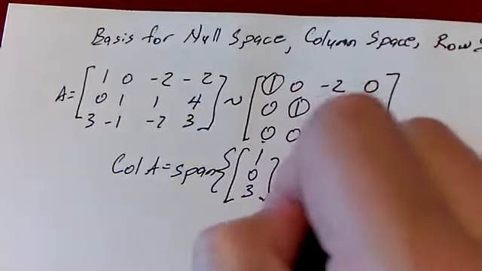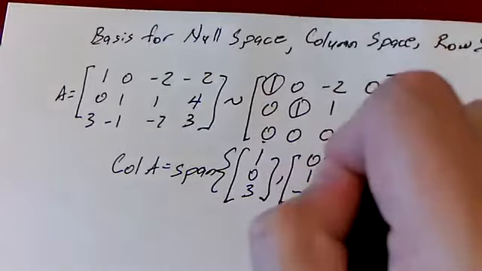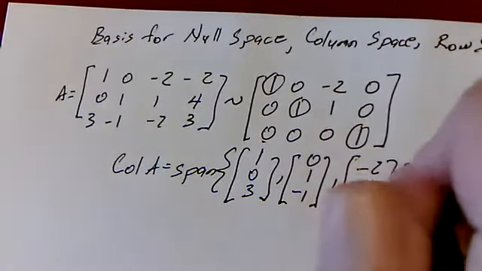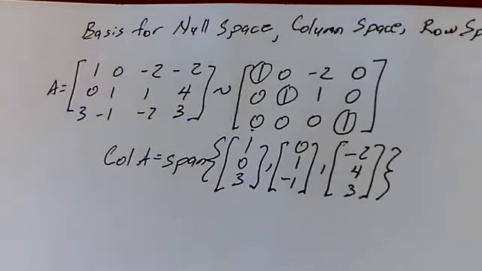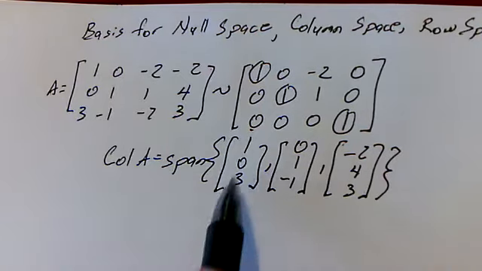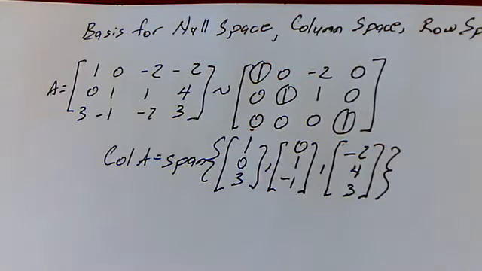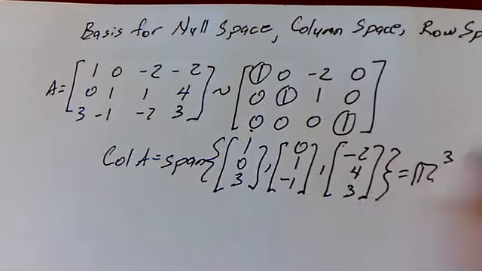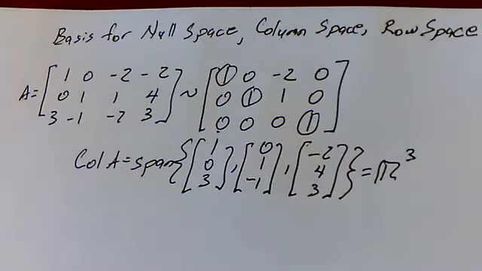Now, it's important to recognize that the columns of B, your row reduced matrix, do not necessarily form a basis for the column space of A. However, in this case, my vectors are in R3, and I have 3 of them. So this span is actually equal to all of R3 because I have that matching dimension case.